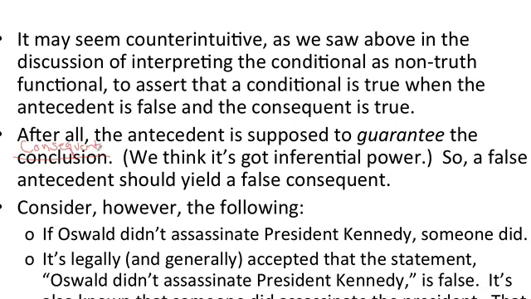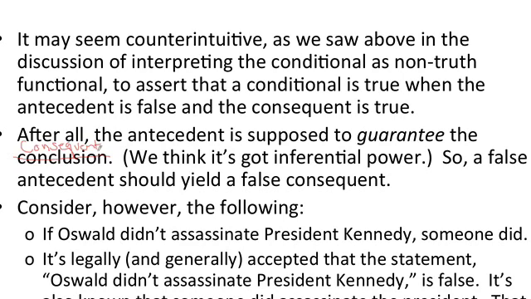So consider the following. If Oswald didn't assassinate President Kennedy, someone did. In other words, if we say that it's false that Oswald assassinated President Kennedy, but it's true that someone assassinated President Kennedy, then what we're saying is that it's true that if Oswald didn't, someone did.